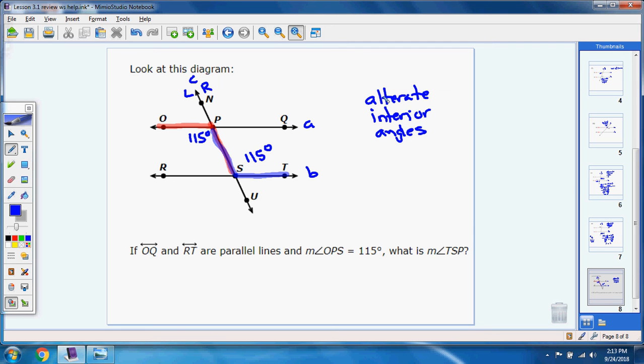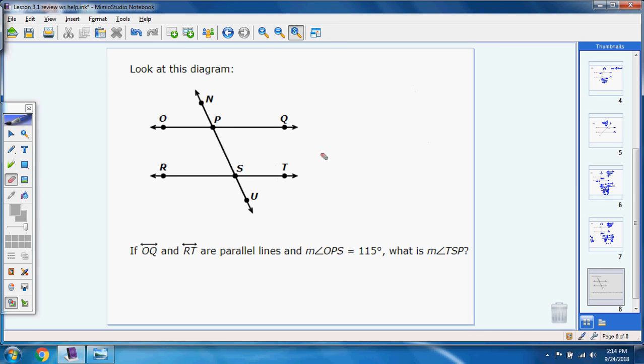Now, there's one thing I do want to mention, in connection with stuff that maybe you saw last year. Let's say it was talking about, again, OPS, and it says that that's 115 degrees. What would it be if it was talking about SPQ?